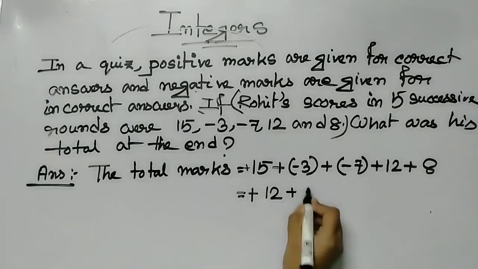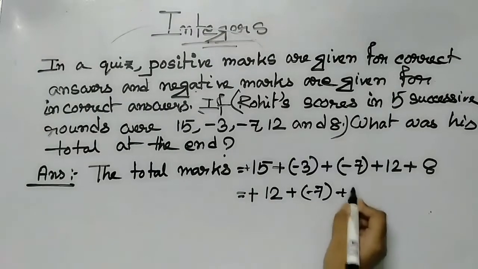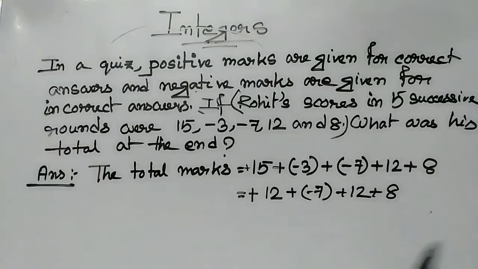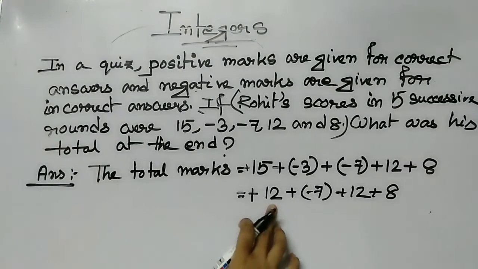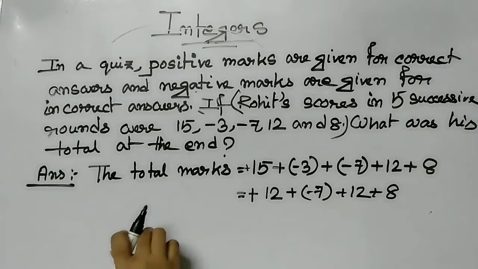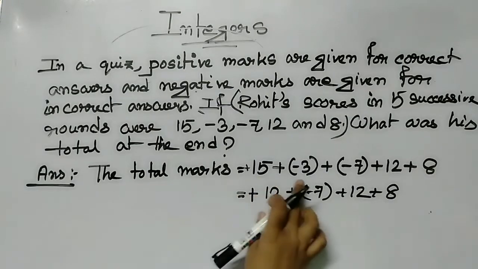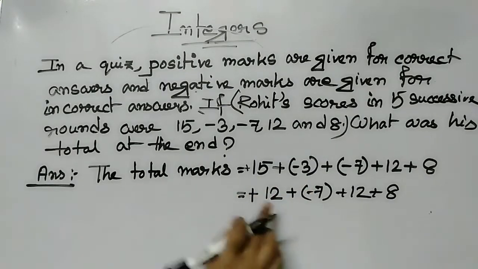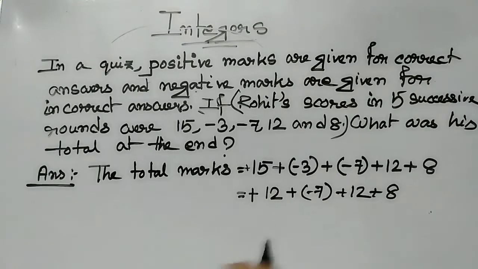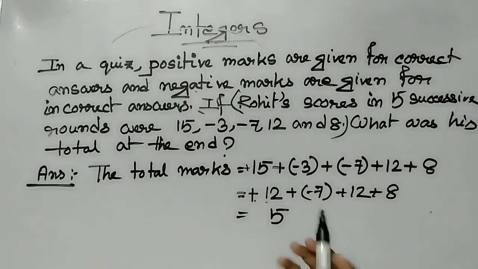Next, plus minus 7 plus 12 plus 8. Next we have to add 12 plus minus 7. So same as 15 plus minus 3, we have to subtract 7 from 12. 12 minus 7, 5, and we have to put the sign of the integer with the greater absolute value. So plus, because 12 has a greater absolute value.